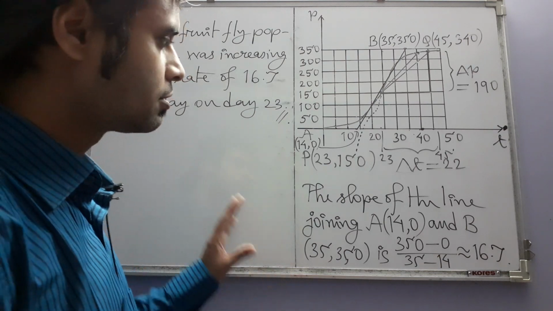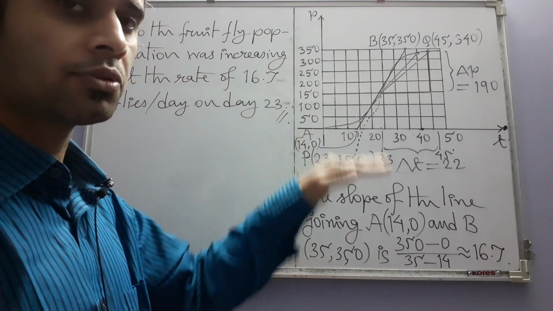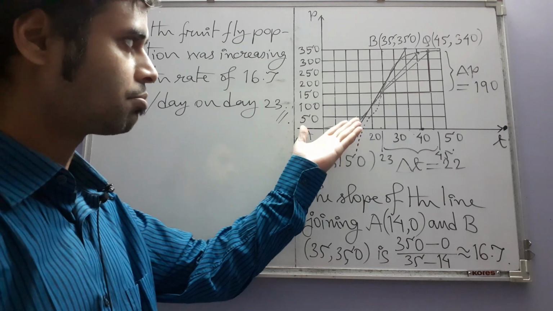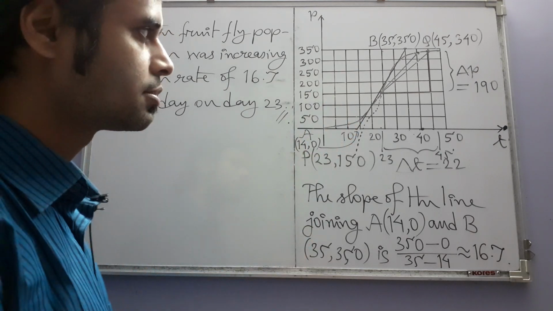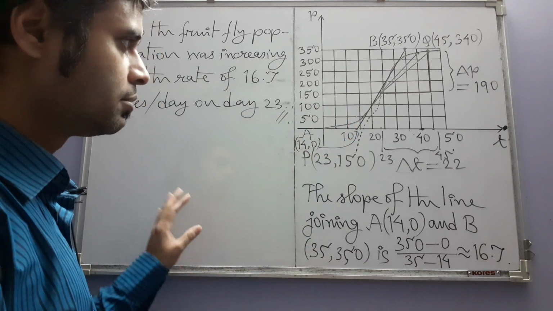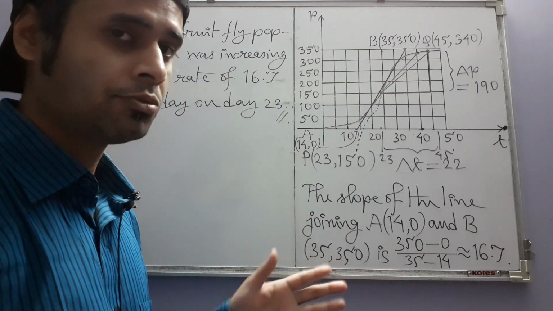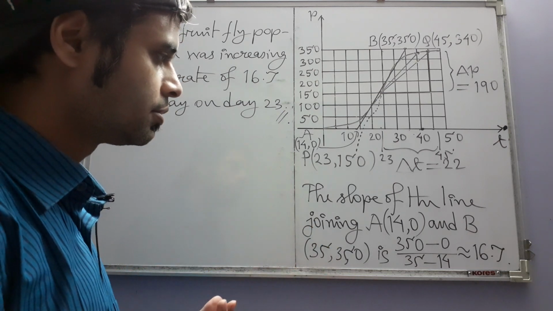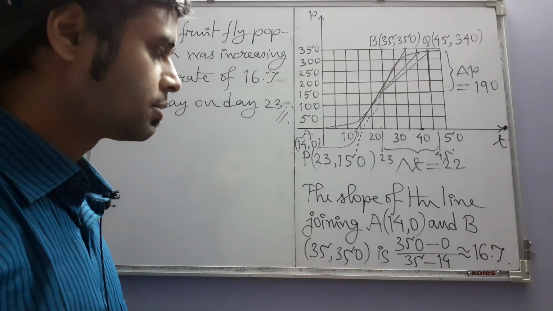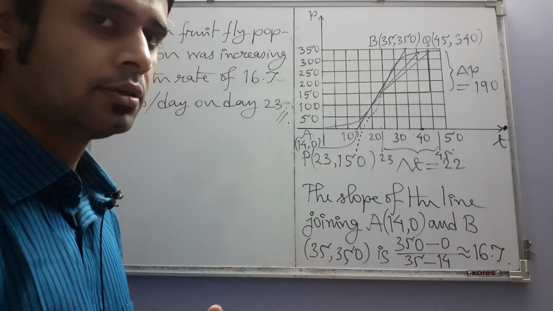Now, based on these two examples, one of the falling rock and one of this population growth of Drosophila, we now know how to approach instantaneous rates from average rates.